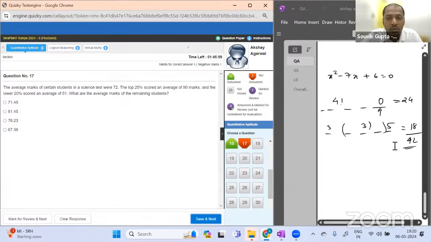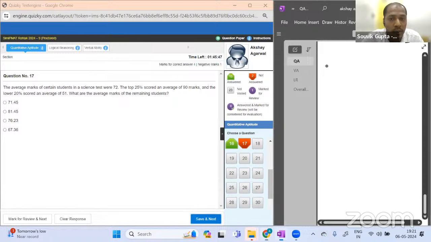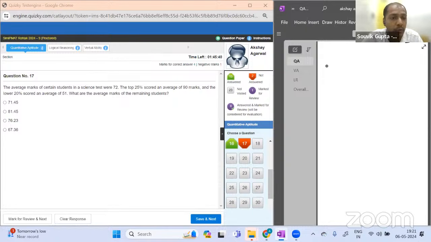The average marks of certain students in a science test was 72. The top 25% scored 90 and the lower 20% scored 51 marks. Okay, so 20% is 1 by 5 and 25% is 1 by 4, so let us take 20 students. 20 into 72, 1440.